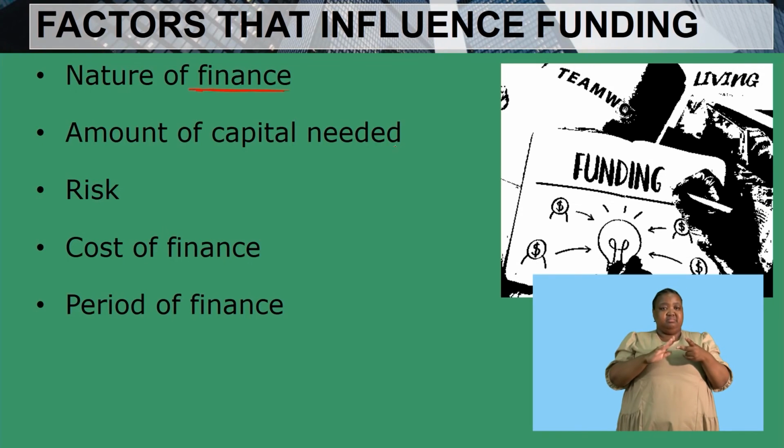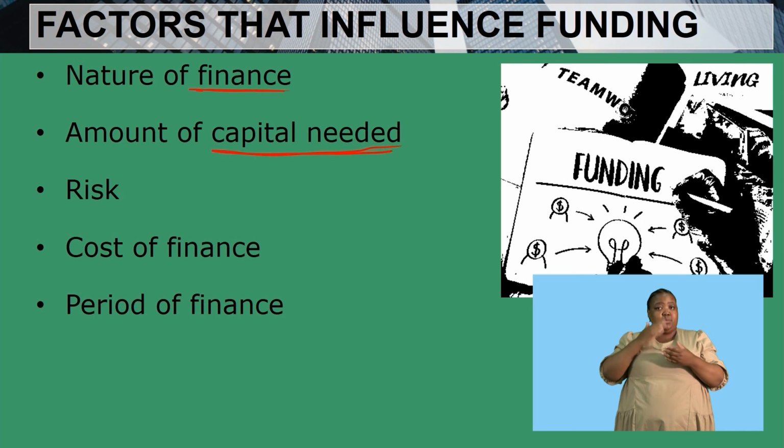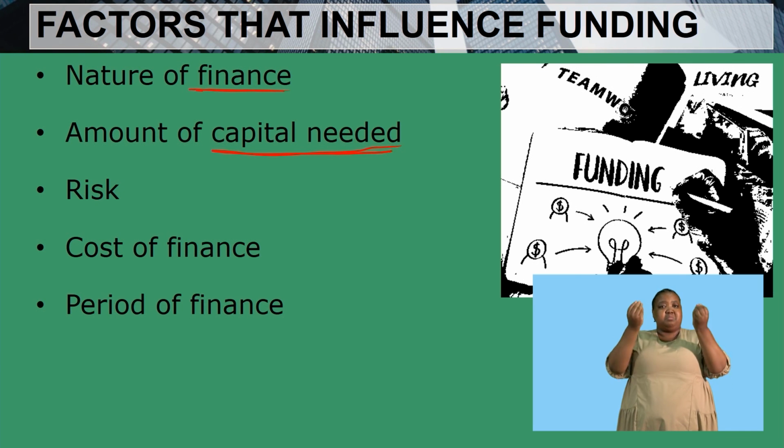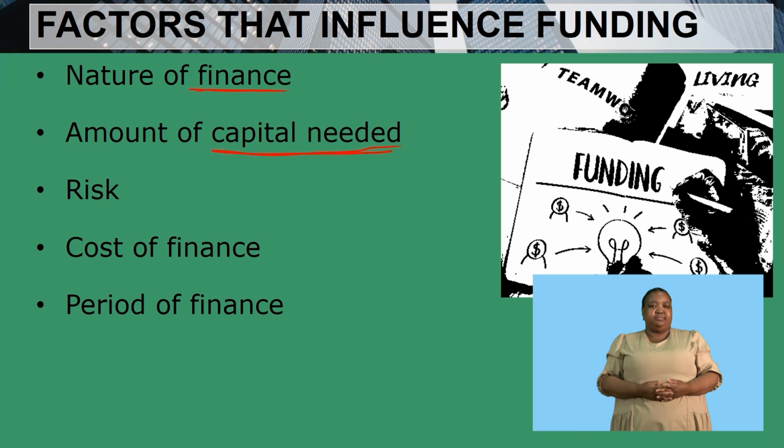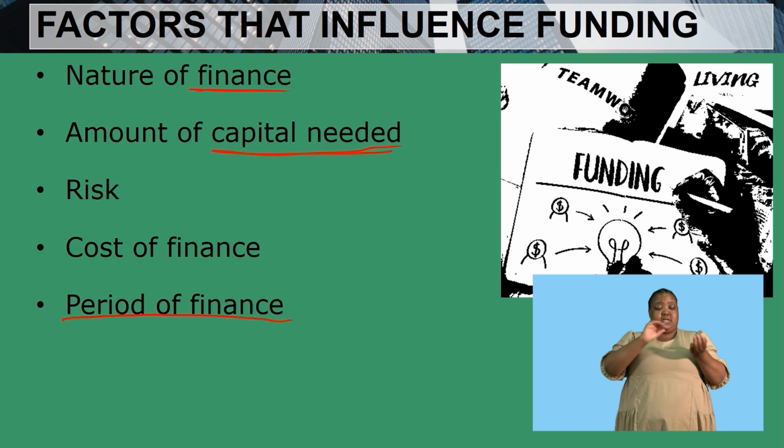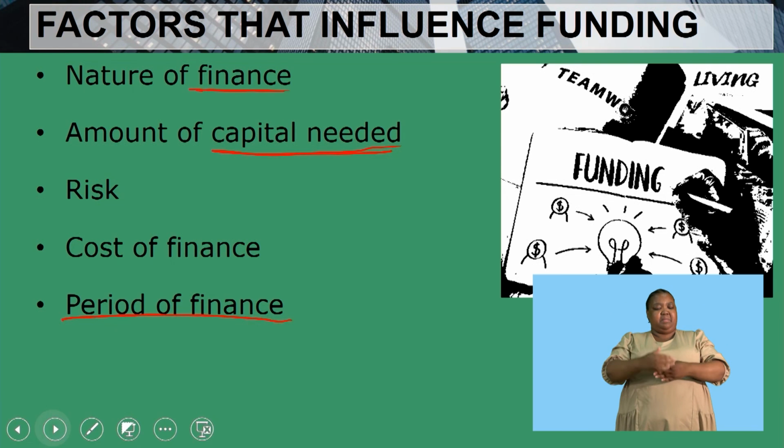You must also look at how much capital you need. Now this will help you to know where you are going to get the funding. You need to also look at the period of finance. So if you are getting money from the bank, you need to check how long they are giving you until you can pay the money back.